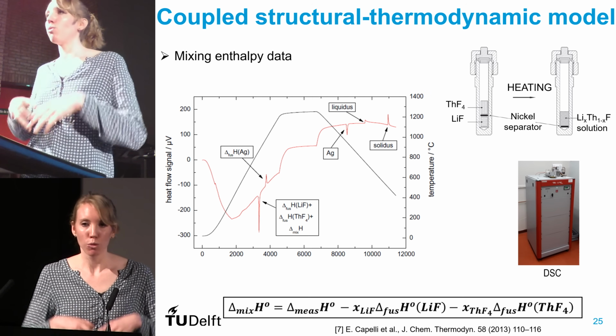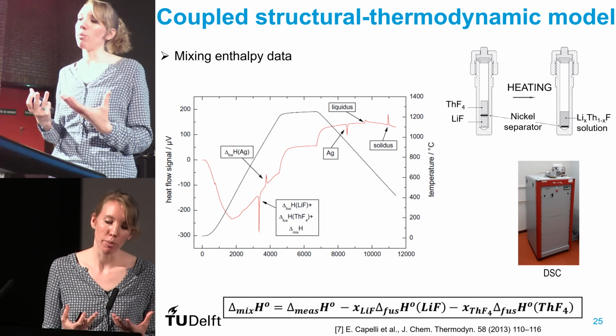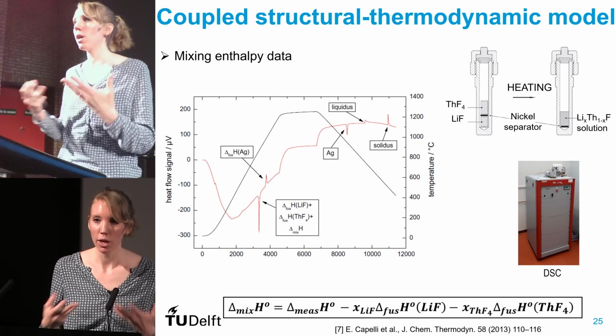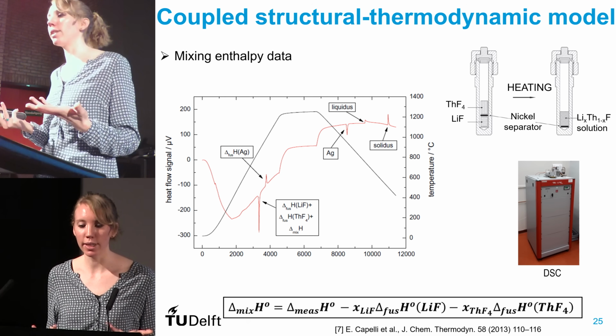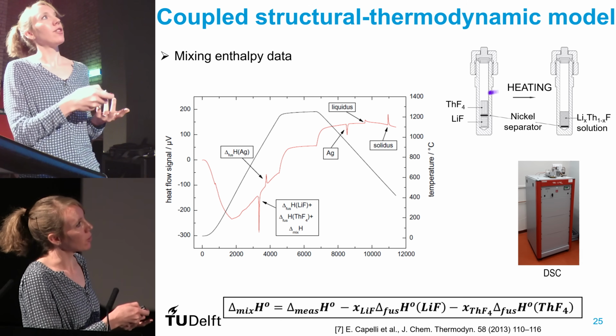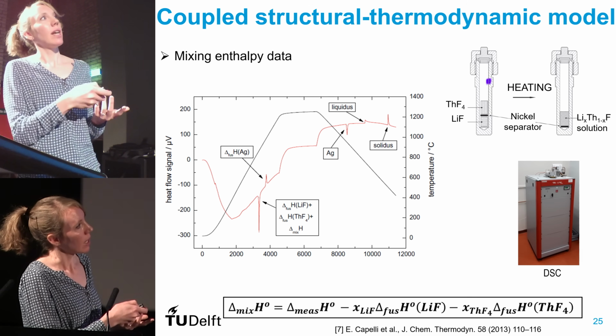Moreover, because we have so many parameters, we want to use as much experimental information as possible. So for liquids, we can measure mixing enthalpy data. For this, we mix lithium fluoride and thorium fluoride.